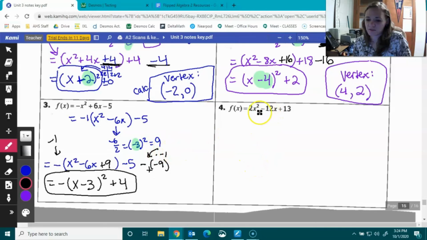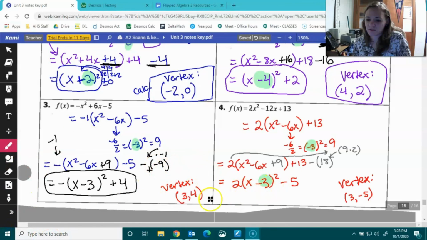Now, you might think you could take out factors, but this does not divide by 2. These two divide by 2, but this doesn't. So we can't take out a GCF right away. So we do have to just go ahead and start completing the square. Why don't you go ahead and try this one, pause the video, and then press play when you're ready to see the answer.